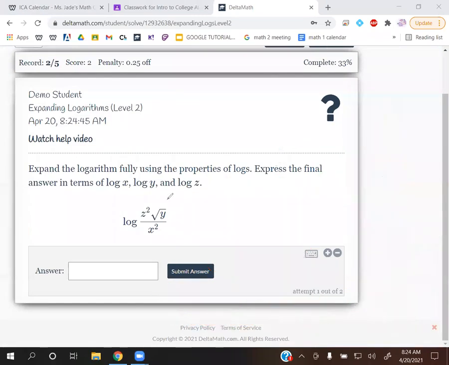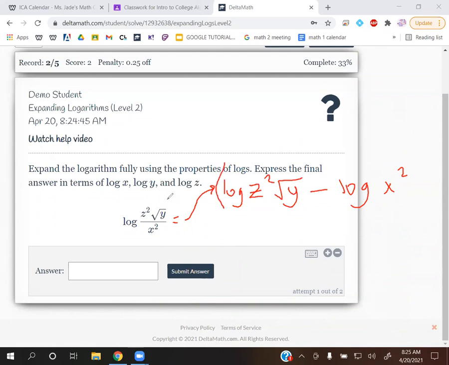All right, so another fraction. Let's split it up. The numerator goes first. Log of z squared square root of y minus log of x squared. Okay, so the numerator goes first, subtracting the denominator's log next.